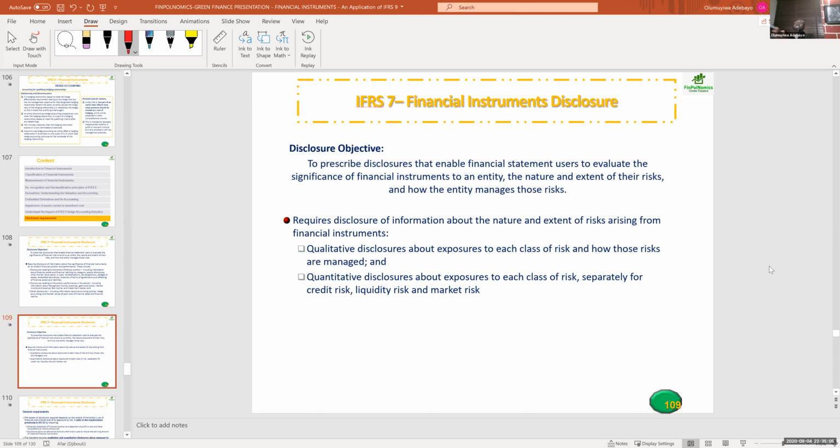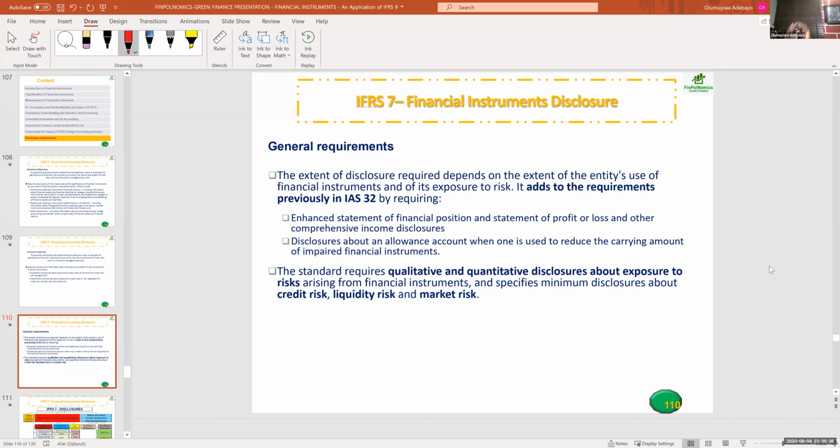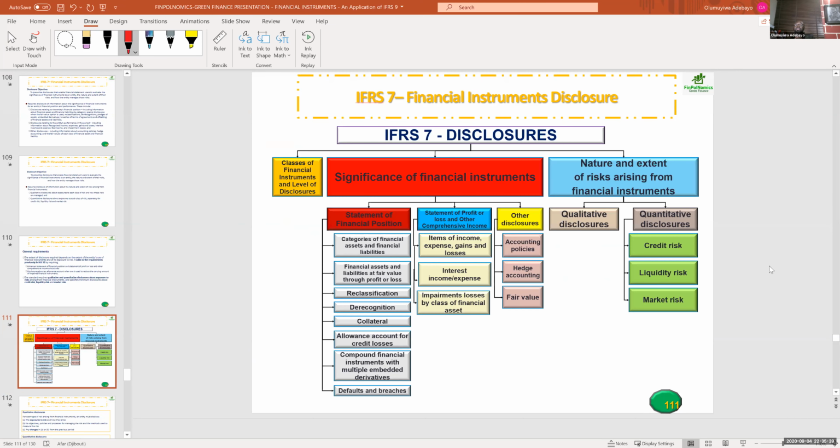But now we need to provide the user of financial report more information for them to gain more understanding about the financial instrument we have, about how we manage the risk associated with that financial instrument, and to also allow them to see how sensitive changes in the underlying variables or market factors could erode or increase profitability. On that basis, IFRS 7 now provides us with the following disclosure, which I've summarized on this presentation slide.